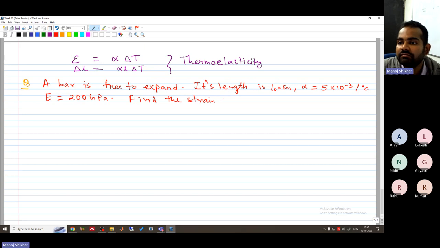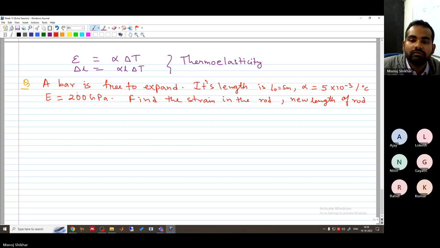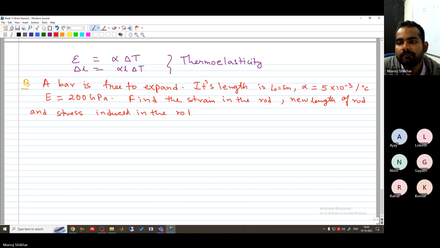Find the strain in the rod, the new length of the rod, and the stress induced in the rod when the temperature is increased by 100 degrees centigrade.